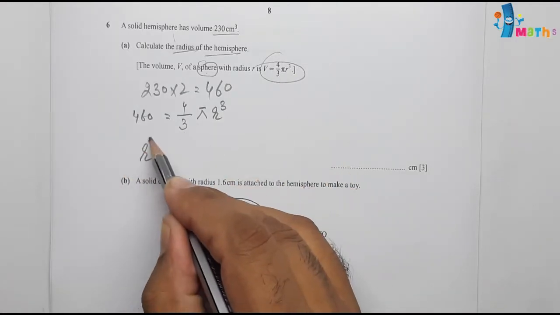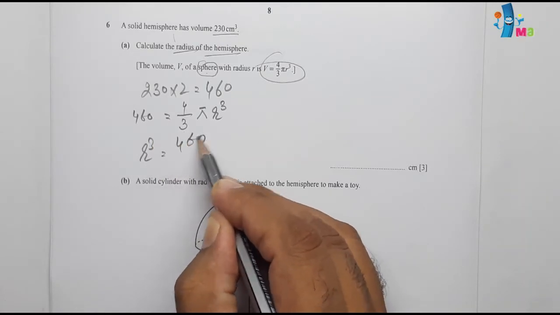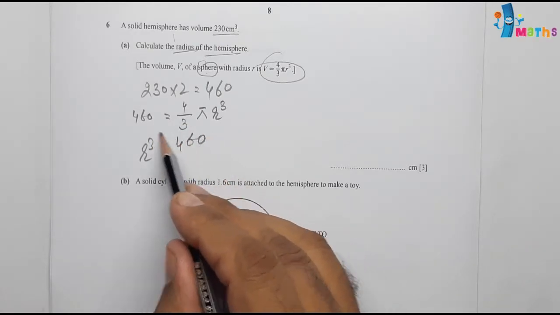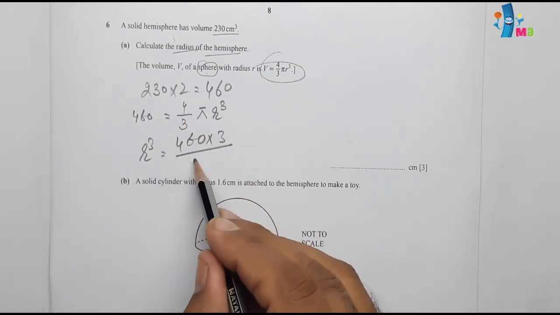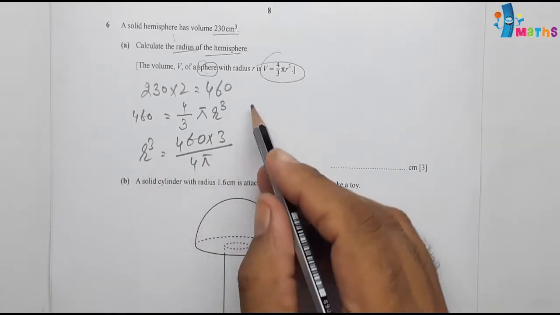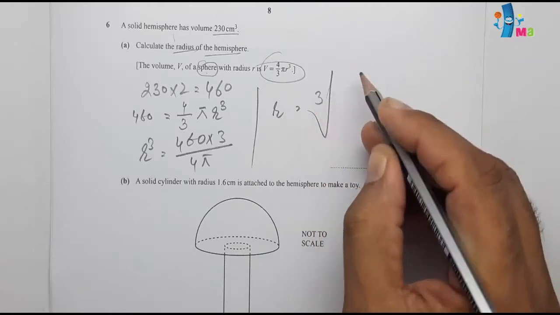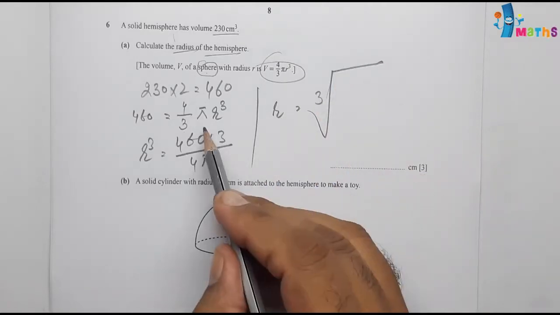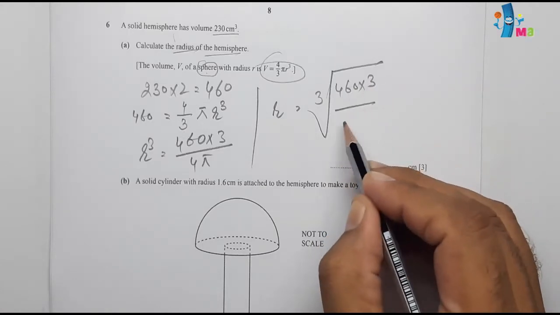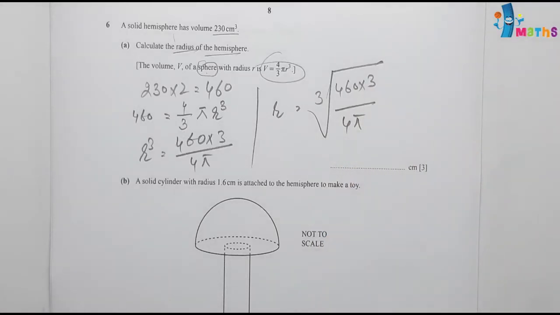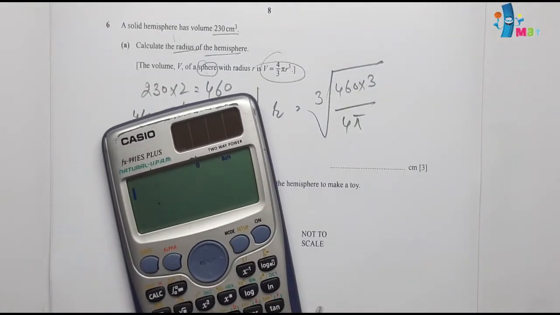So r cube will be equal to 460 multiplied by 3 over 4 pi. So this will be the equation, and r will be equal to cube root of 460 into 3 over 4 pi, and we can use calculator to find the answer.